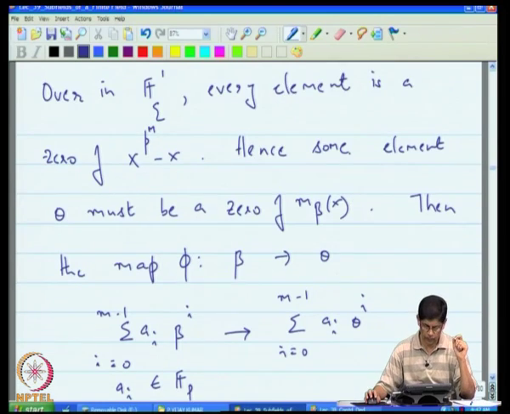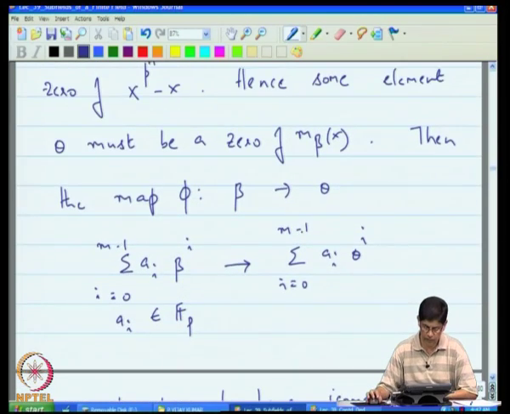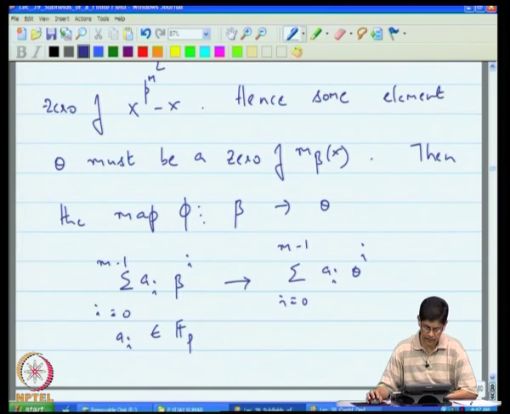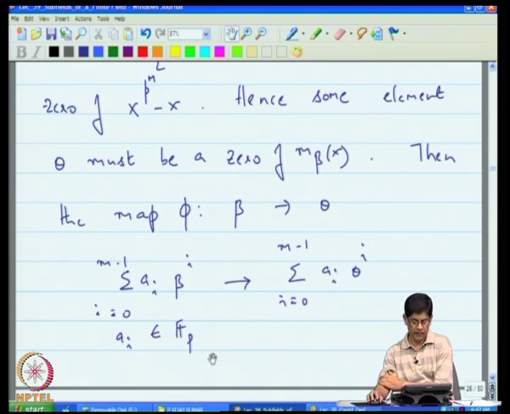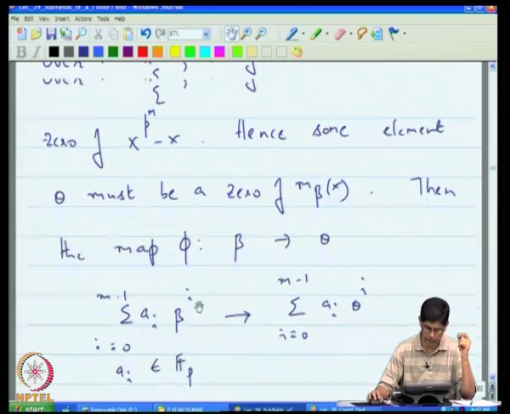Now we want to actually show that the two fields are isomorphic. We know that in both fields the elements can be expressed as linear combinations of powers of beta.